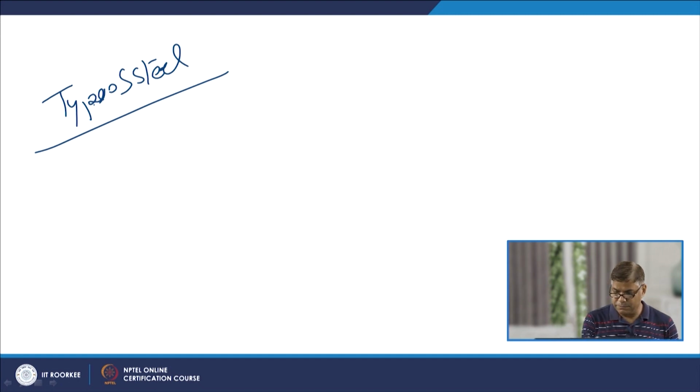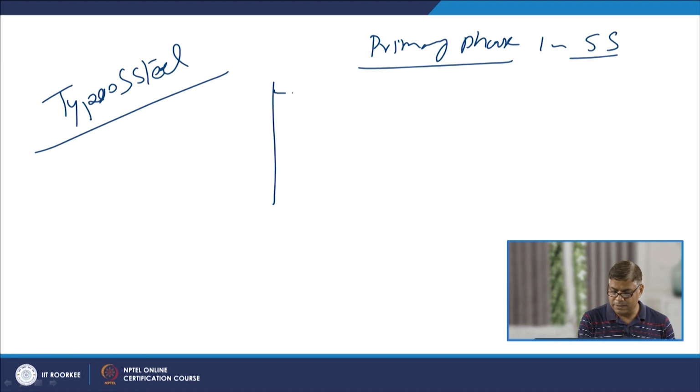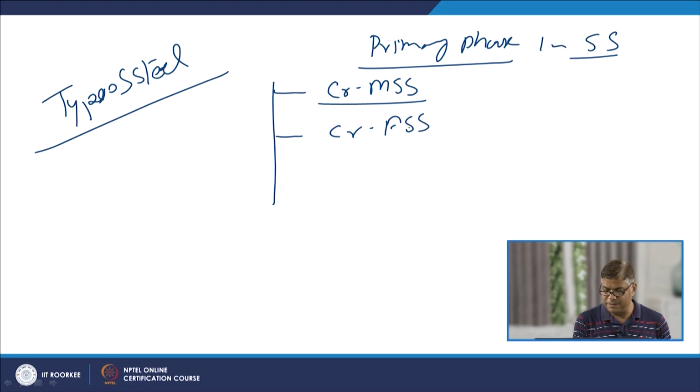As far as the different types of stainless steels are concerned, there are 4 major groups or classifications, based on the primary phase present in the stainless steel. The classification goes like this: chromium martensitic stainless steel, chromium ferritic stainless steel, chromium nickel manganese austenitic stainless steel, and precipitation hardenable stainless steel.